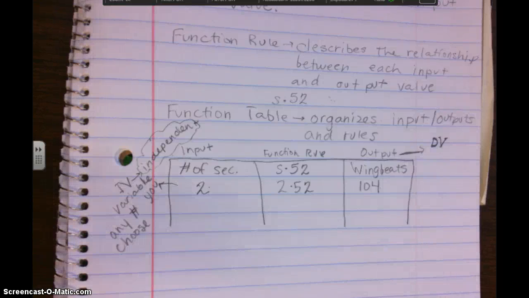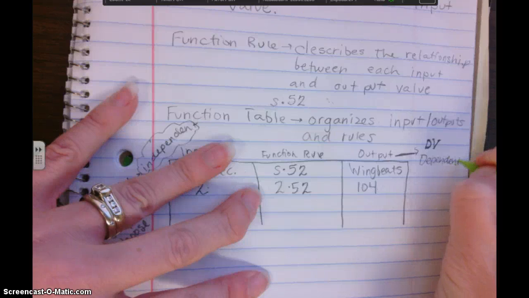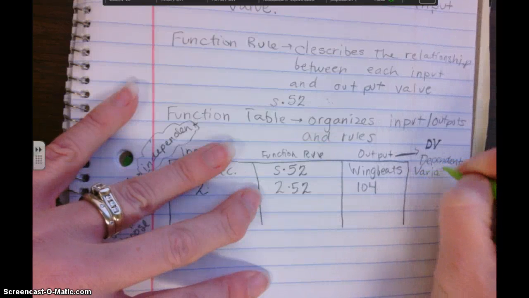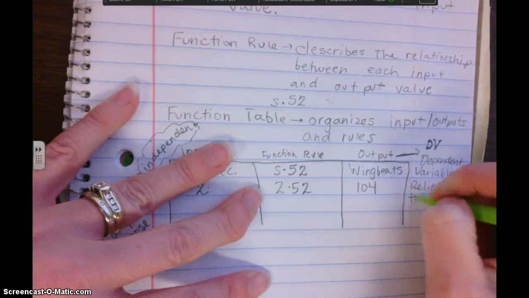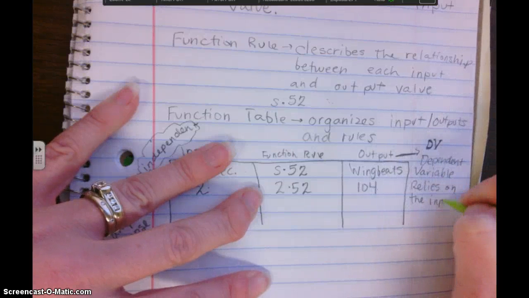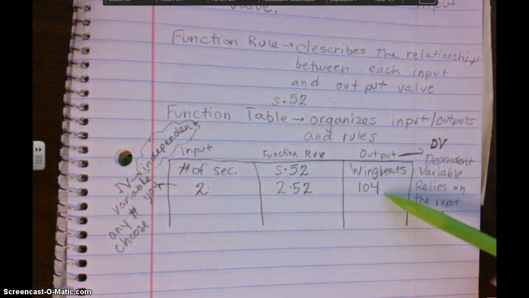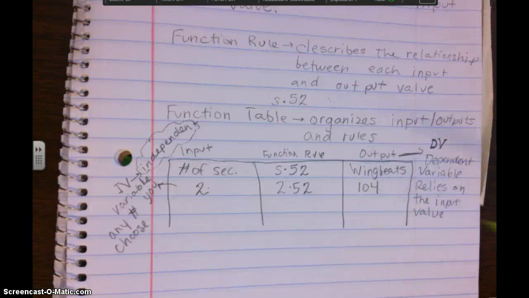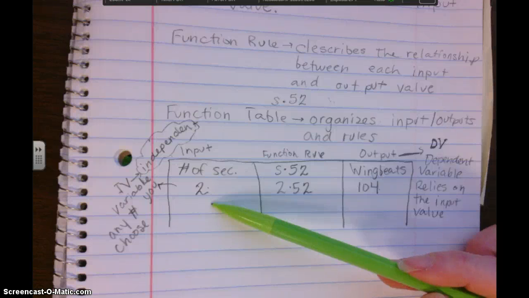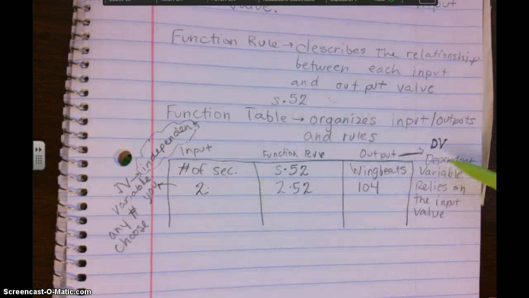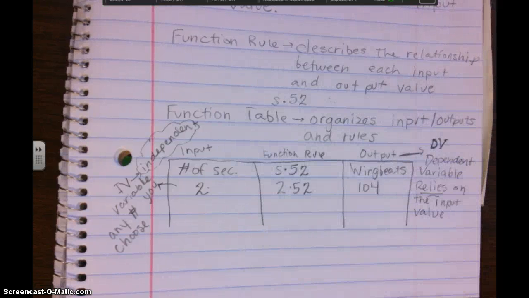The dependent variable relies on the input value. I can't make up any number that I want over here and just put it in. It relies on what happens on the independent variable. So this one relies on what I put in the input.